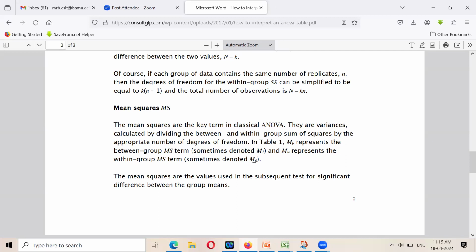The marks of roll number 1 will be compared with roll number 2, and roll number 3. In that way, it is going to find out the differences. That's the reason it is taking n-1 and k-1, right?